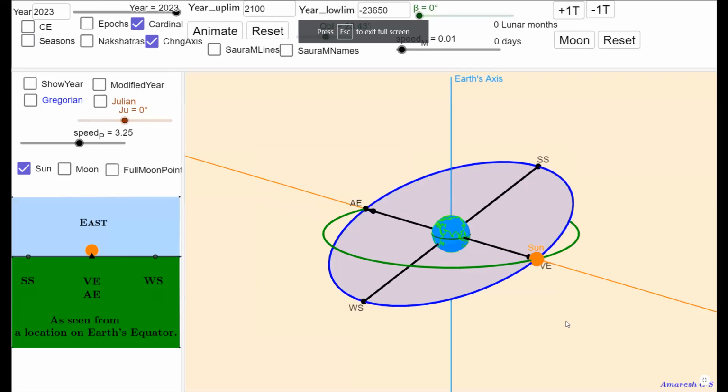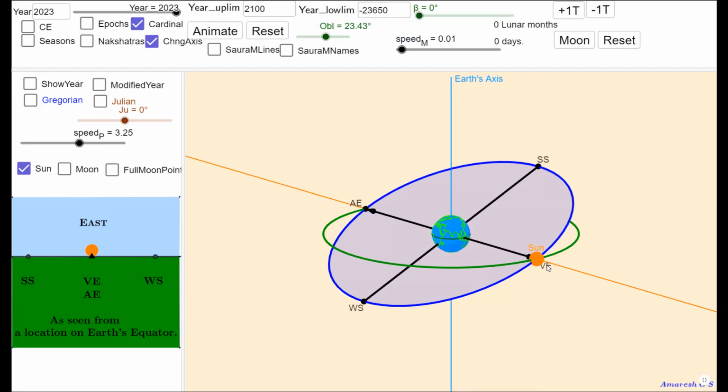We will begin with the basic astronomy setup. Earth at the center. Earth's axis inclined with respect to the path of the sun. That's the path of the sun, shown by this blue circle. Sun is right here.